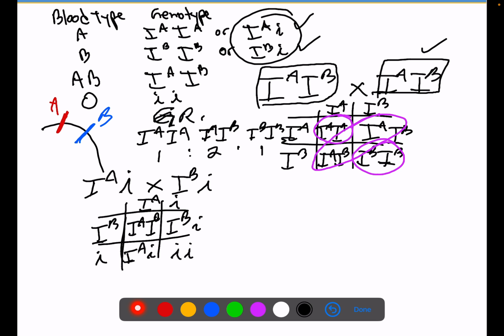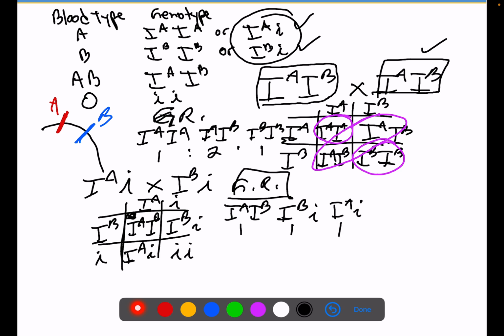Learn from each other. Okay, so I just finished that Punnett square. What's my genotype ratio for that cross? Well, if I look in here, I see that there's a big A, big B, there's one of those. I can also see that there's one of those, and I can see that there's one of those.